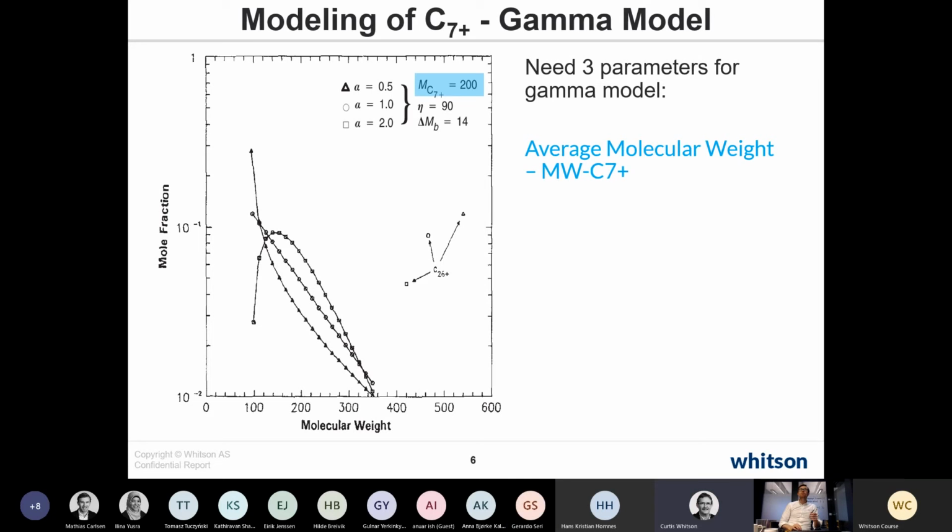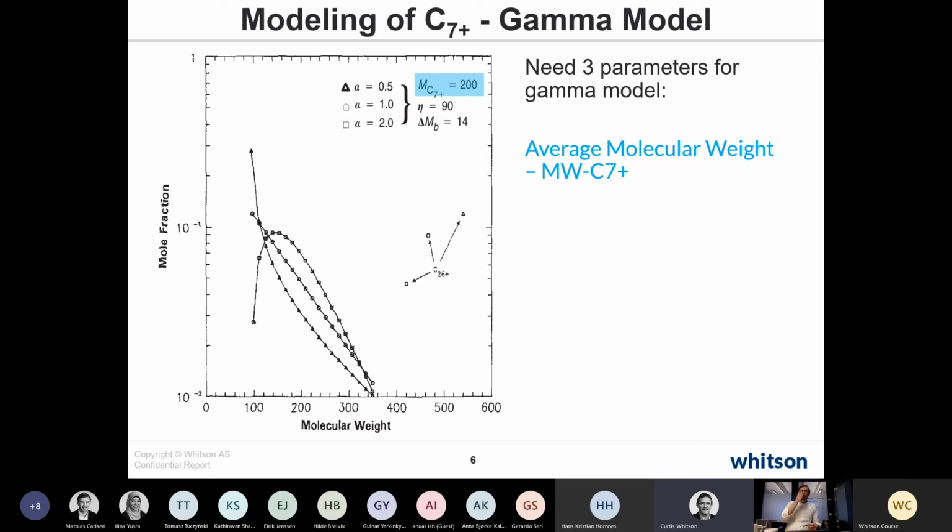Yeah, 1980 was actually when it was presented. It took 3 years to get it in the journal, in 1983. I mean it was timely because the laboratories only gave C7 plus properties and amount.